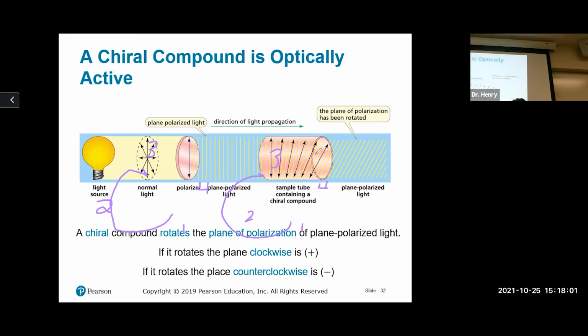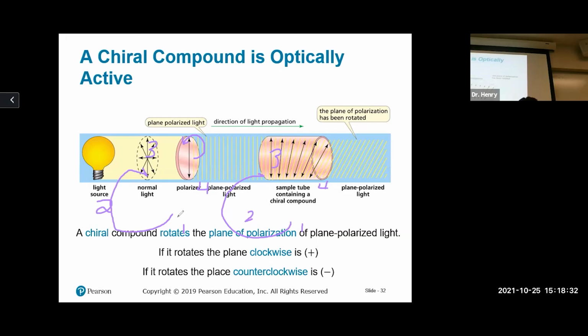So if it rotates in a clockwise direction, then it's positive. If it rotates in a counterclockwise direction, then it's negative. So that positive and negative only refers to polarization.